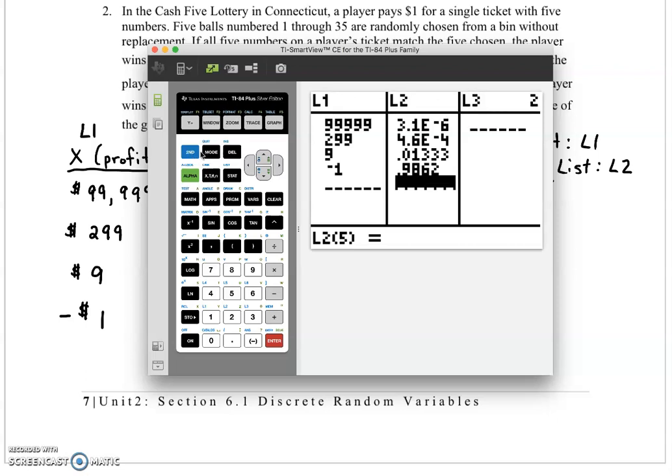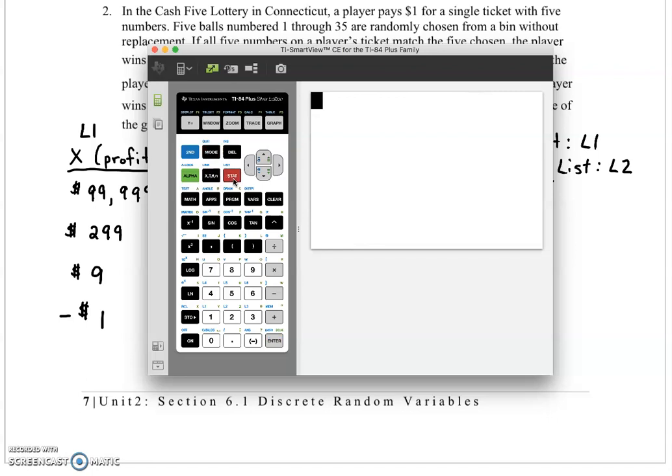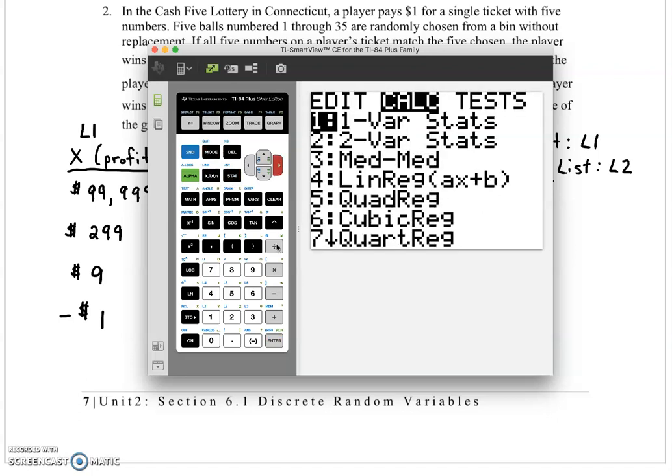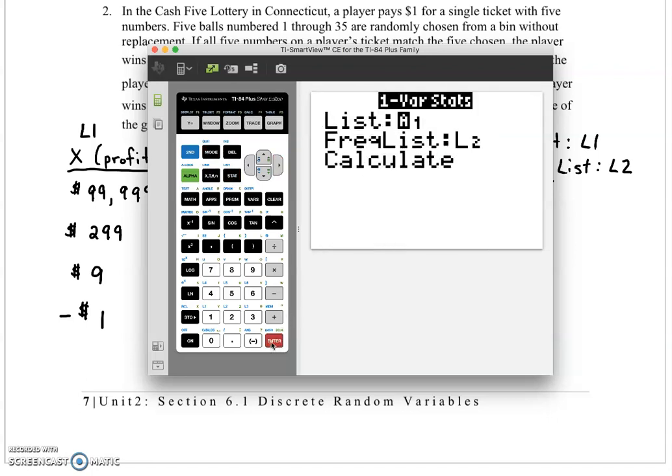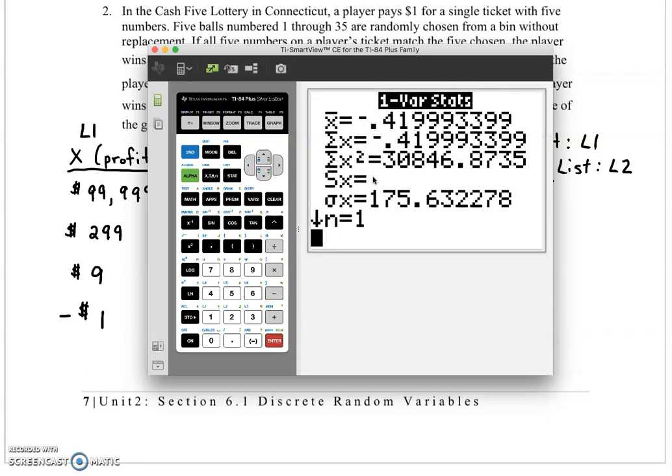So now that we have our data in, we can quit to our home screen, then hit Stat, go to Calc, 1-Var Stats. We already have L1 and L2, so we hit Calculate. Remember, the expected value is the mean, and we're talking about money here, so we should round to 2 decimal places, so 0.42.